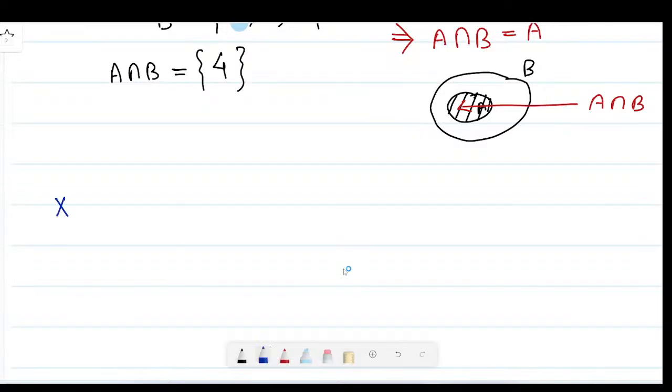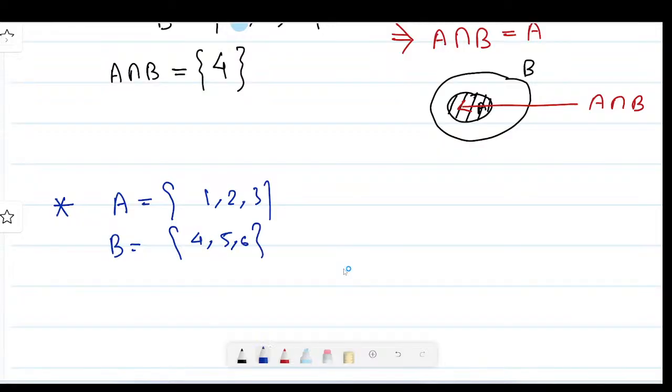Next another condition is, now I am taking A set as 1, 2, 3 and B is like 4, 5, 6. So there is no common element between them. So if I take A intersection B, that will be empty.